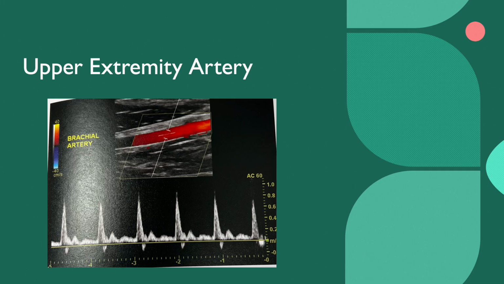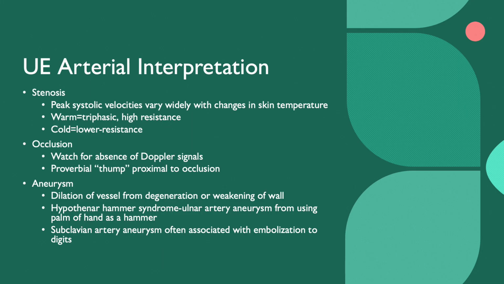Okay, here is a picture of a brachial artery. You can see it's very similar to, say, your SFA in your leg. You're going to have a very high resistant triphasic waveform. Okay, how are we going to interpret this? A stenosis, again, you will have flow through the artery, but it's going to be a blockage.